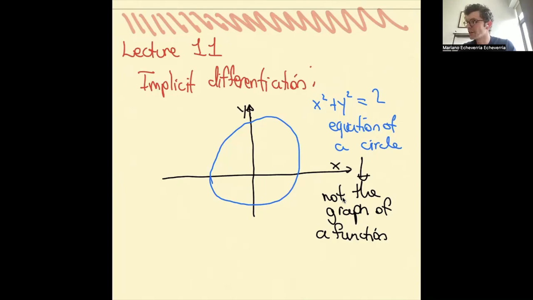So for example, if you take a value of x here, there will correspond two y values, which are the ones that you see here. The idea of a function is that for any value of x, there can be at most one y value. So it does not satisfy the vertical line test.